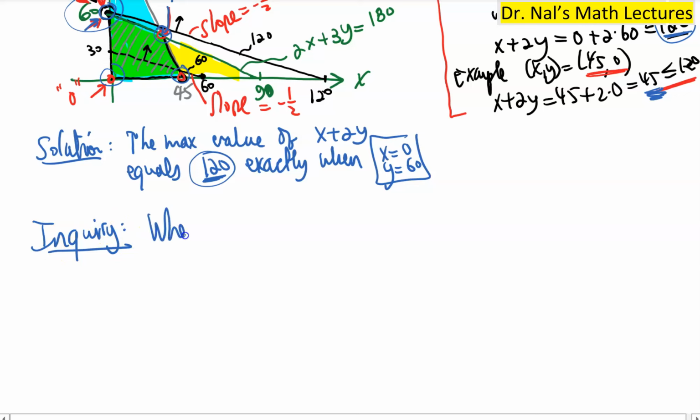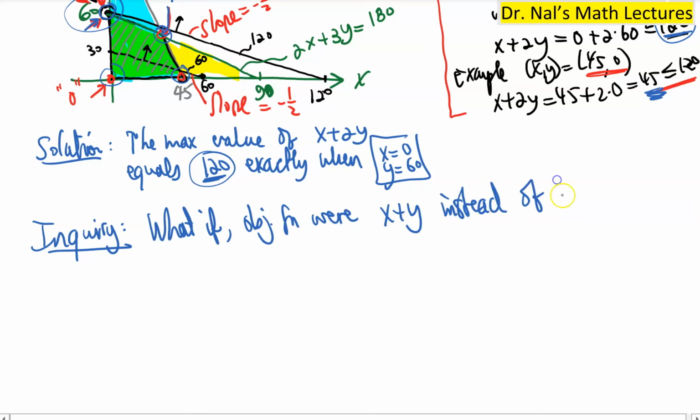What if the objective function were x plus y instead of x plus 2y?